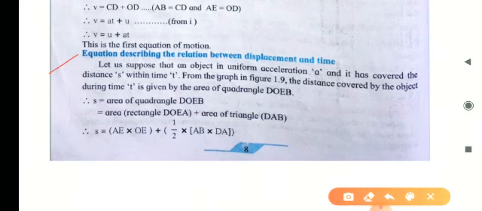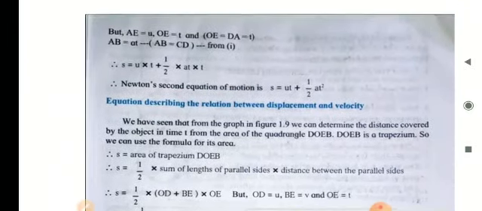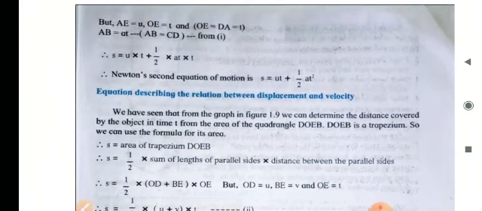Therefore, s is equal to AE into OE plus half into AB into DA. But AE is equal to u, OE is equal to t, and OE is equal to DA equal to t. AB is equal to at because AB is equal to CD from equation 1.